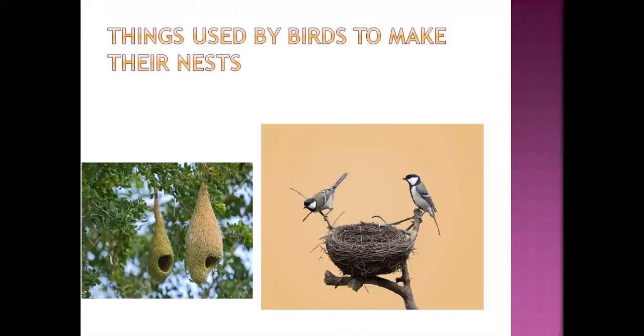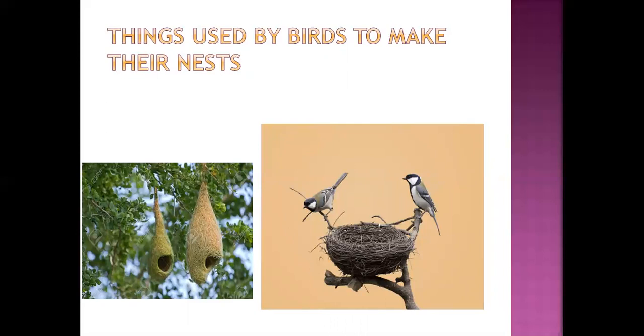Now, if you see here, there are pictures of two kinds of birds. One is a simple nest and the other is a different nest. I want you to find out the name of the bird. You have a Q&A session where a few of you could put up your answers, what bird it is which has built that nest. Now, things used by birds to make their nest.